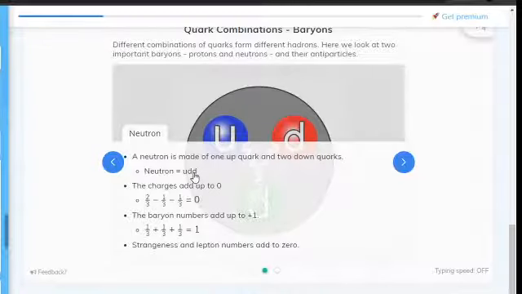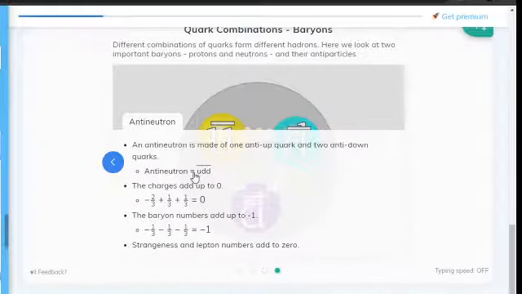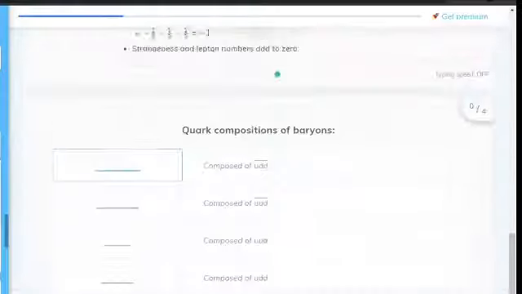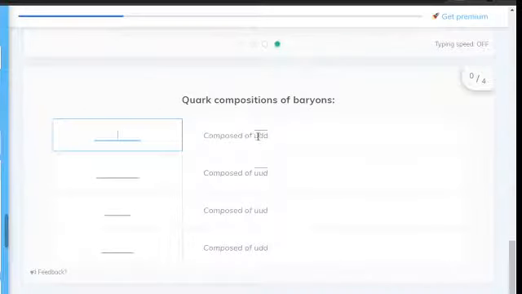So an up is 2/3 and 2 downs is -2/3, which would equal 0. And anti-neutron is the exact same thing, but with antiquarks.